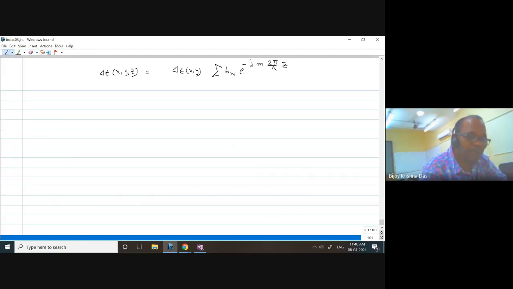Some perturbation you can have in your waveguide like this.